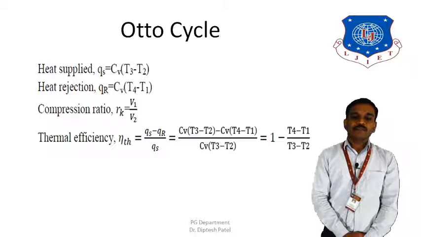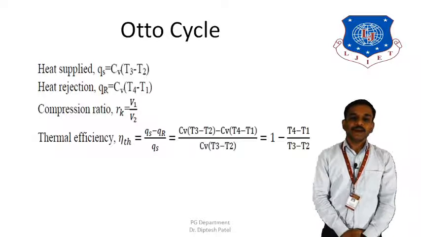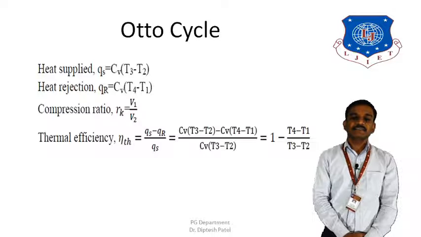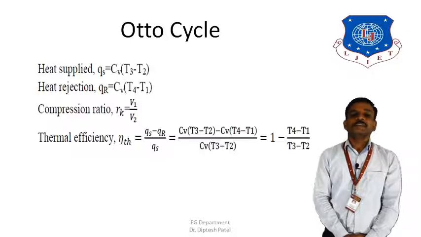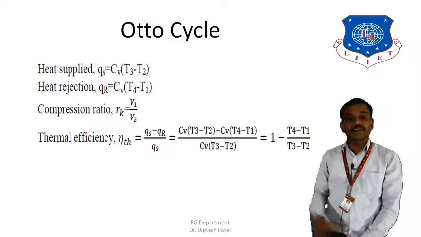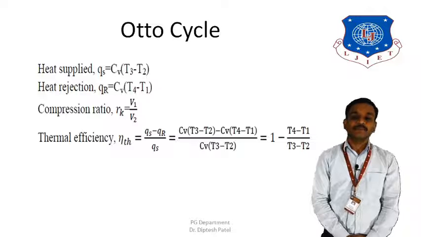Now if I simplify that, it can be written as Cv (T3 minus T2) minus Cv (T4 minus T1) divided by Cv (T3 minus T2), and that can be written as 1 minus (T4 minus T1) divided by (T3 minus T2), because Cv is common and can be eliminated. So here the thermal efficiency of the Otto cycle is 1 minus (T4 minus T1) divided by (T3 minus T2).